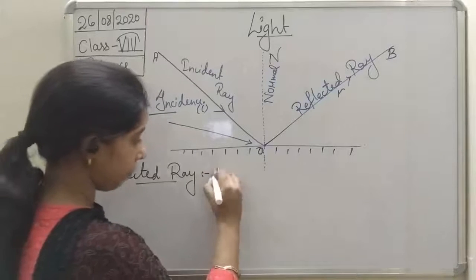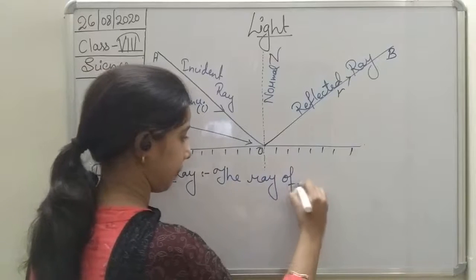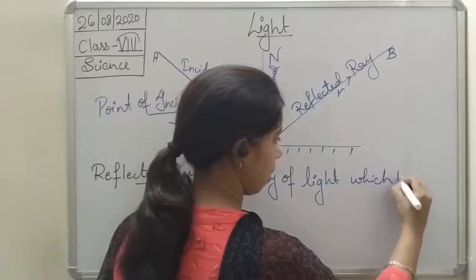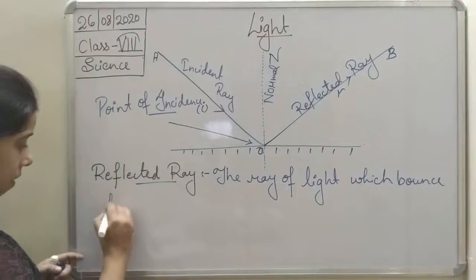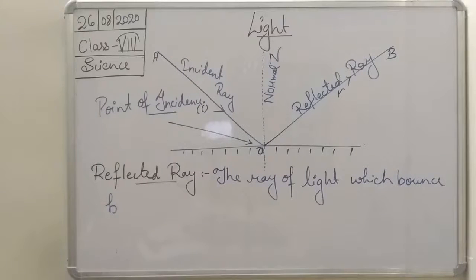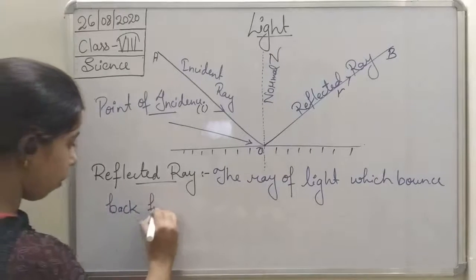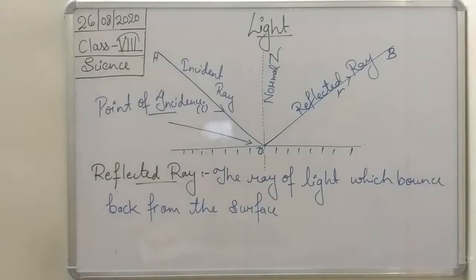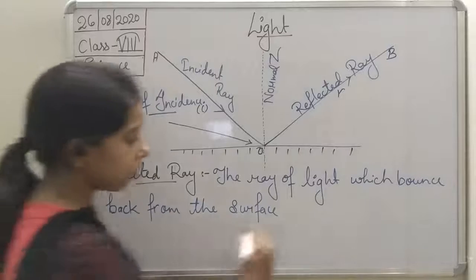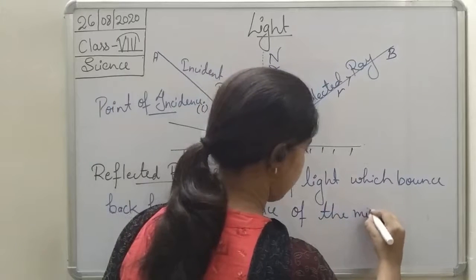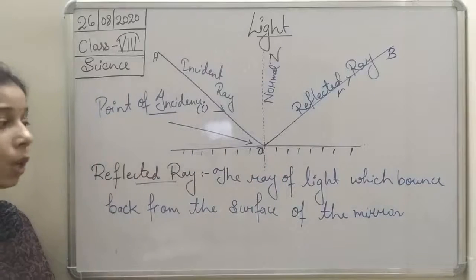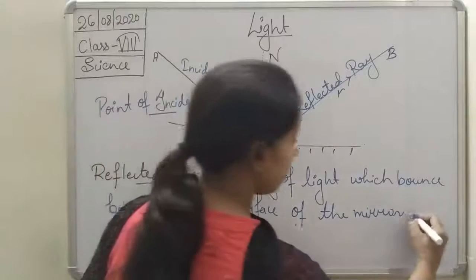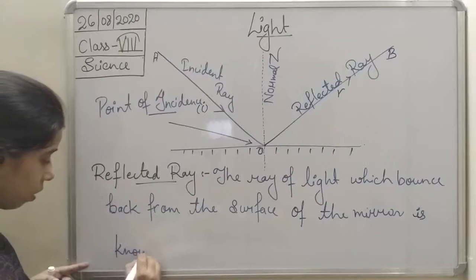The ray of light which bounces back from the surface of the mirror is known as the reflected ray.